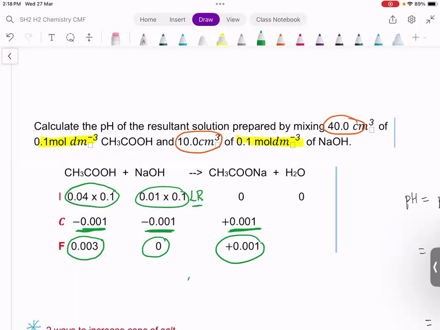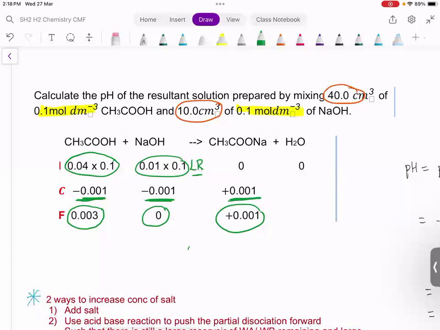Okay, so in this case, what do you have? You have weak acid, you have the salt. Is your salt equal to the H plus concentration? Are they equal? Is the A minus equal to the H plus concentration? Why not?